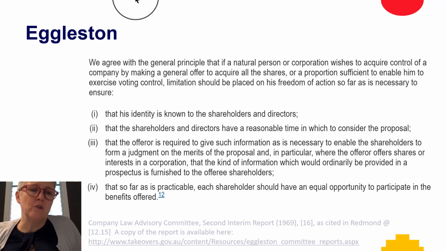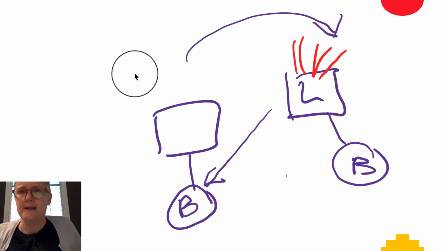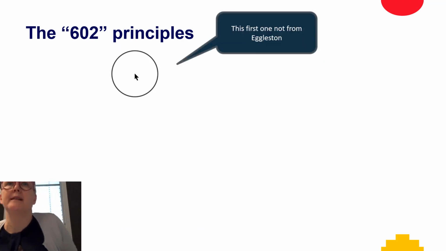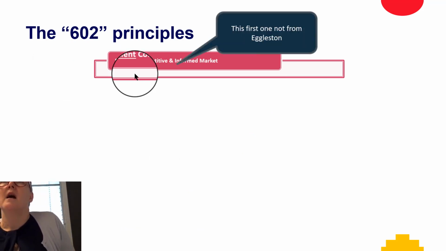So let's actually have a look at how that plays out in legislation. The first one is actually not from Eggleston, which is a little bit annoying, but the rest of them are, I promise. What I'm actually looking at is Section 602 of the Corporations Act. It basically requires each of the following things.